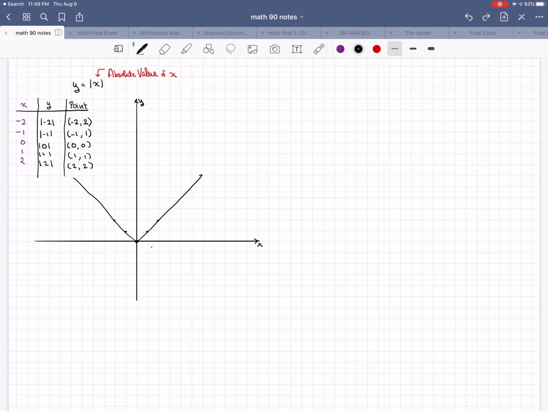But if you put something non-linear in there, it would no longer be a V. But I will say that one thing that is characteristic of the absolute value shape is that it has sharp corners. It's one of the rare graphs that we look at that actually has sharp corners in it. Most of the graphs we spend our time on do not have sharp corners.